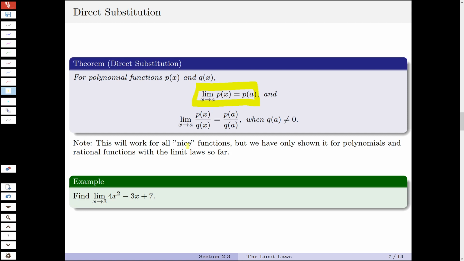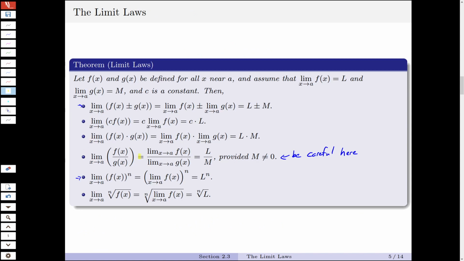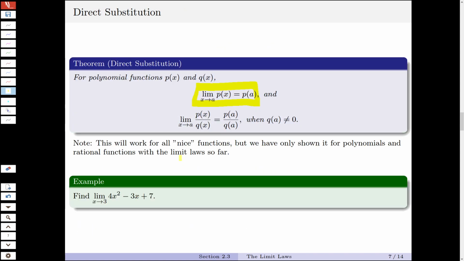And we didn't show it, but similarly it would work for a rational function if I had a fraction, as long as the denominator is not 0. Because I could just apply this limit law 4 here if I had a fraction and just break the limit over top over bottom, as long as the bottom's not 0.